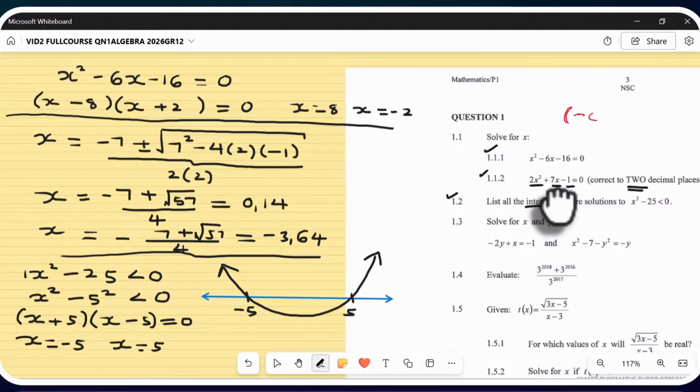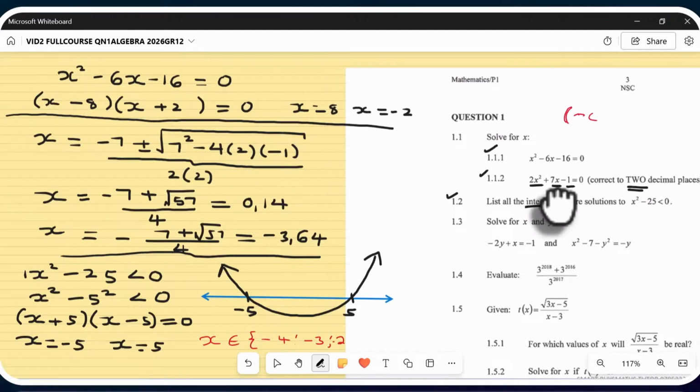Then from negative 1, we come to 0. From 0, we come to 1. Then from 1, we come to 2, then from 2, we go to 3, then from 3, we come to 4.